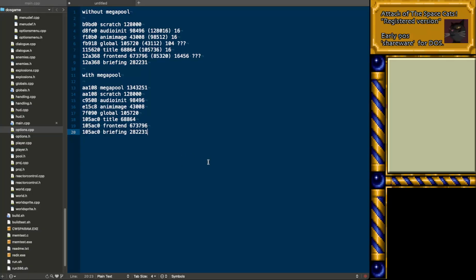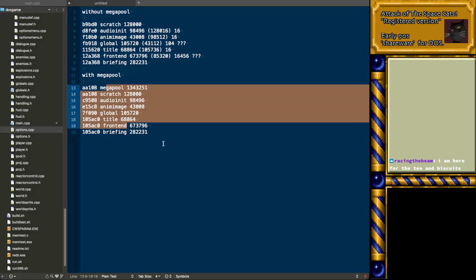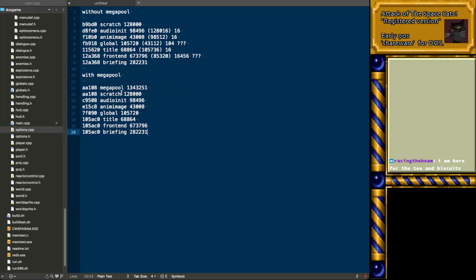You might remember on Wednesday we added the Megapool, the single overall memory arena that all the other memory arenas are allocated from, basically to reduce the number of times we ask the OS for memory down to 1, because it was behaving strangely even when we were only asking for, what is that, like 8 things.